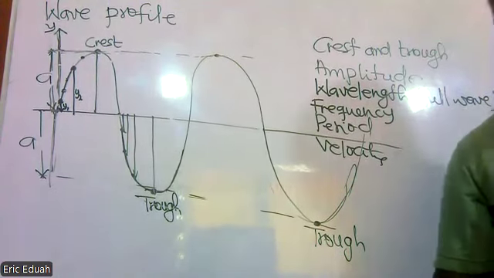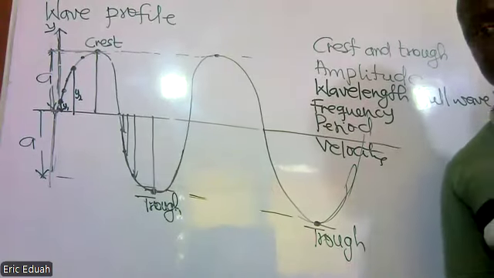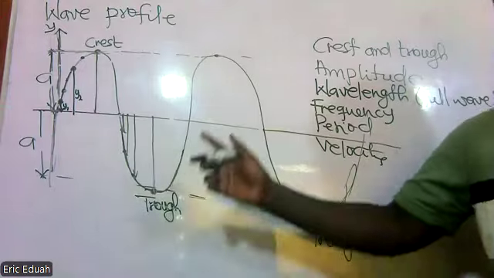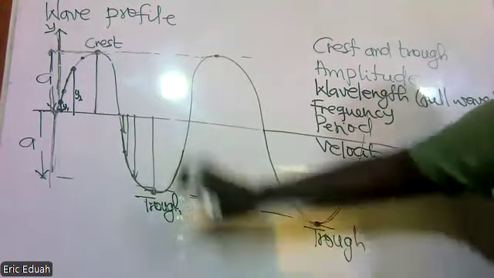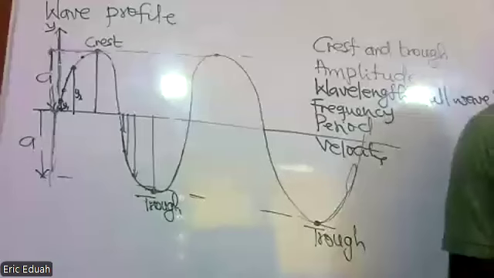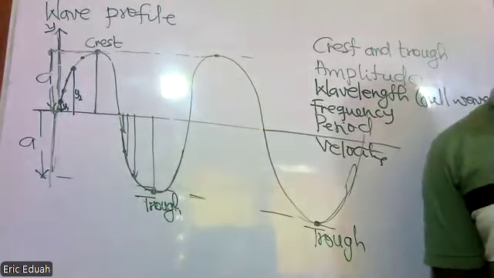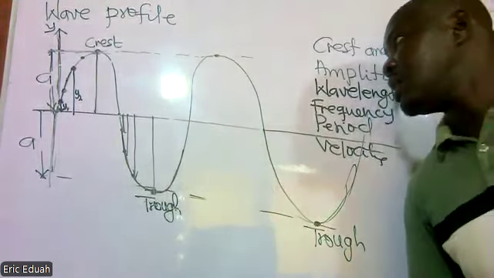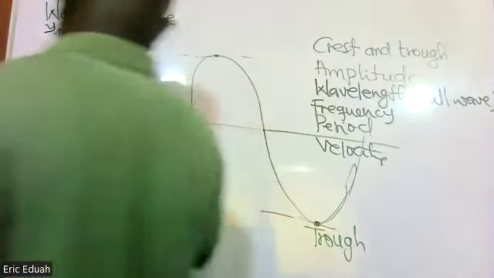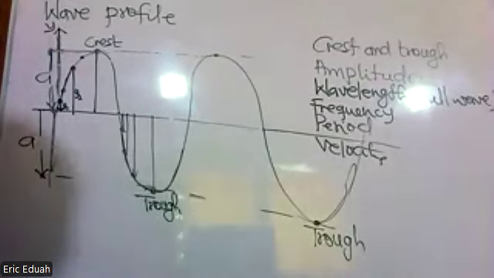The SI unit of displacement is meters. Then the amplitude of oscillation of the whole wave is the maximum displacement of the particles from the equilibrium position. The SI unit is also meters. So when you locate the crest or trough, you can easily calculate the amplitude.